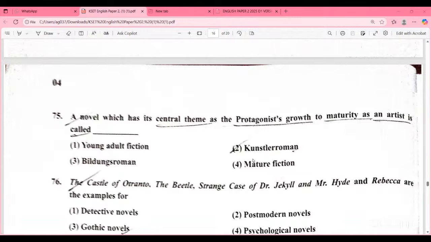Remember, we talked about works like James Joyce's A Portrait of the Artist as a Young Man. Then D.H. Lawrence's Sons and Lovers. All these are examples of Künstlerroman. These are novels which document the growth of the protagonist into maturity as an artist. And these novels are called Künstlerroman.